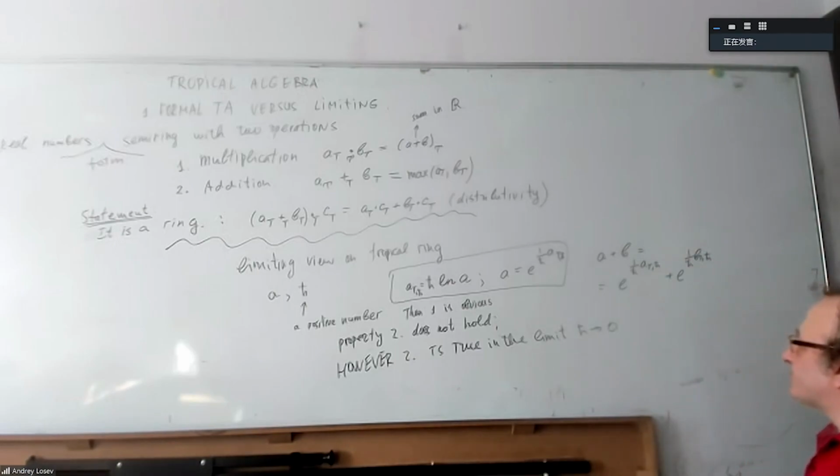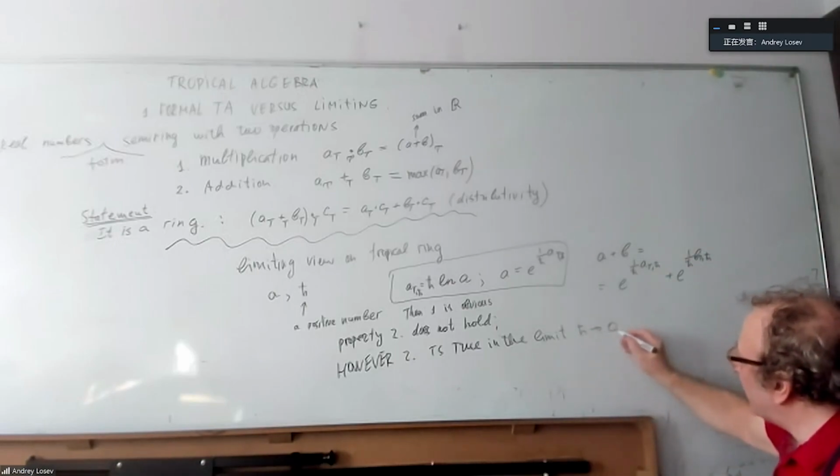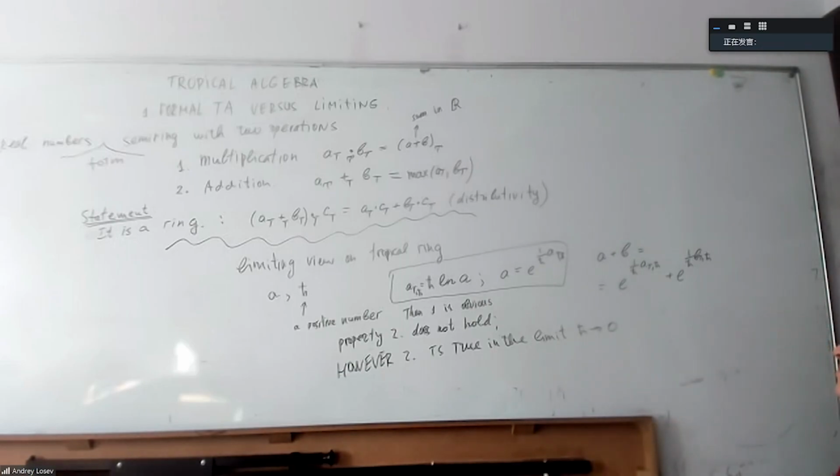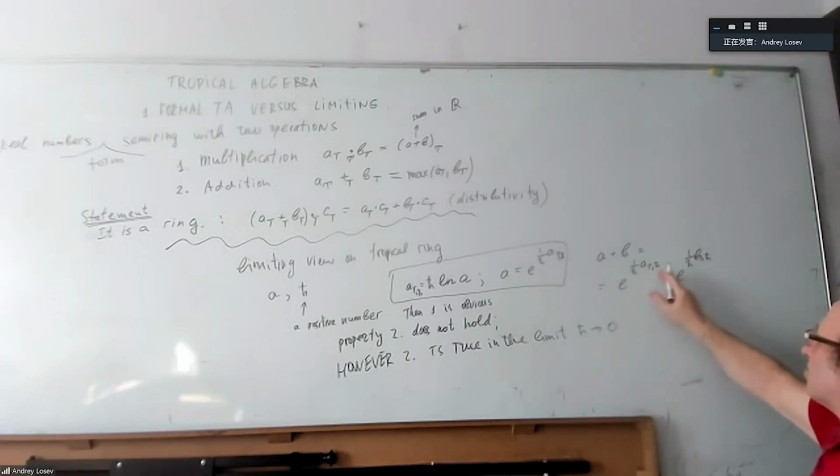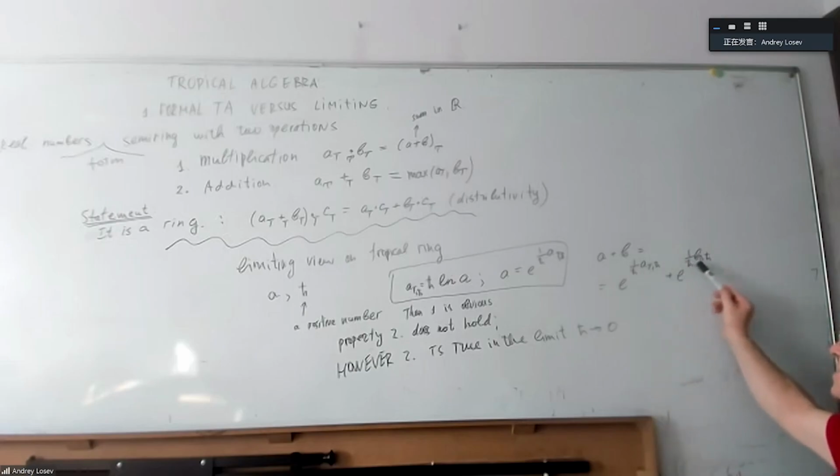Now, let me take H going to 0. In the limit H going to 0, having this term fixed, I can say that only one of these two exponents is important. And it is the exponent where this guy is maximum.